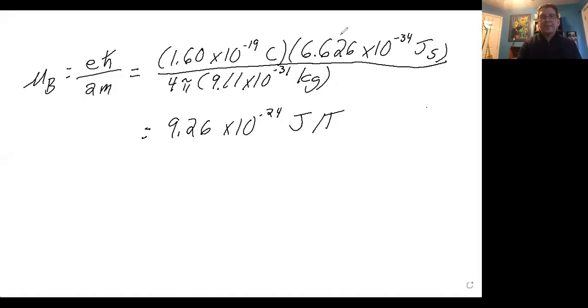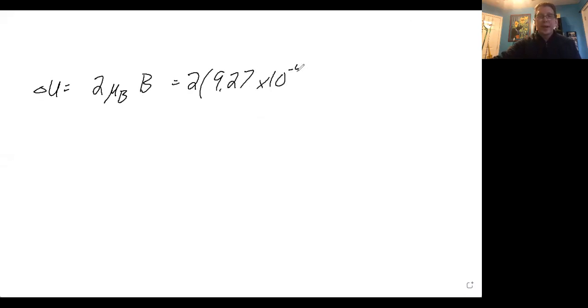So we can just put that in. Delta U is equal to 2 times the Bohr magneton times B. So that's 2 times, what was that number again, 9.27 times 10 to the negative 24 joules per Tesla, and then B is 2.5 Tesla.